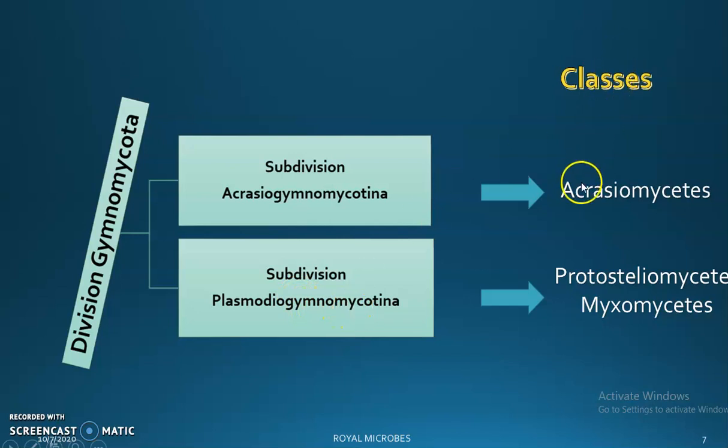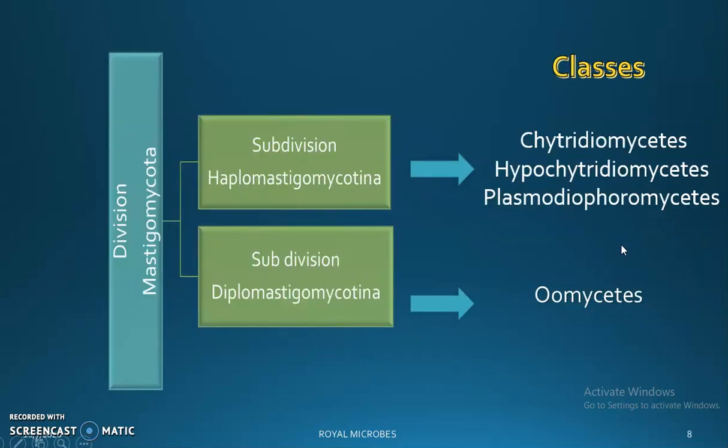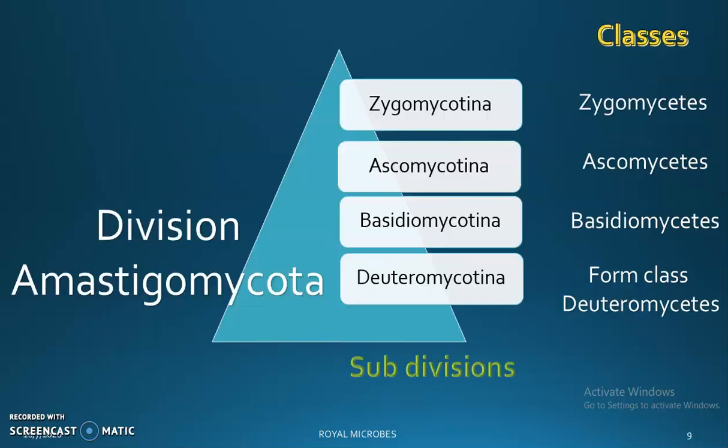Acrasiogymnomycotina has a single class, Acrasiomycetes, and Plasmodiogymnomycotina has two classes, Protosteliomycetes and Myxomycetes. Then coming to the second division, Mastigomycota, the subdivisions are Haplomastigomycotina and Diplomastigomycotina. The classes are Chytridiomycetes, Hypochytridiomycetes and Plasmodiophoromycetes. In the case of the Diplomastigomycotina subdivision, only a single class can be seen, that is Oomycetes.